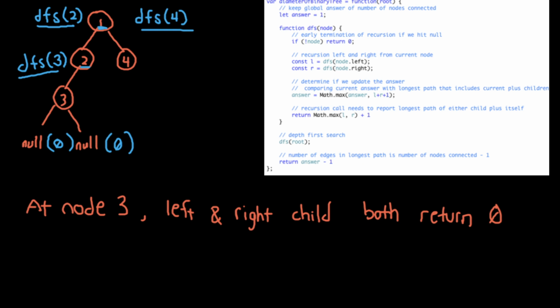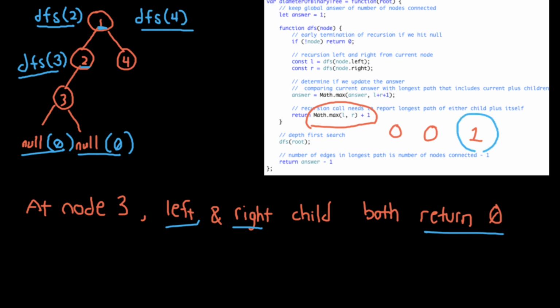Well, you're getting null and null, so return 0 and 0. Then you actually get to this part in node 3. That means my left child is 0, my right child is 0, but I return myself, which is 1. So in node 3, left and right are both 0, but you return to your parent the value of 1.